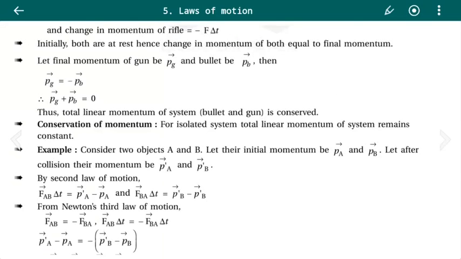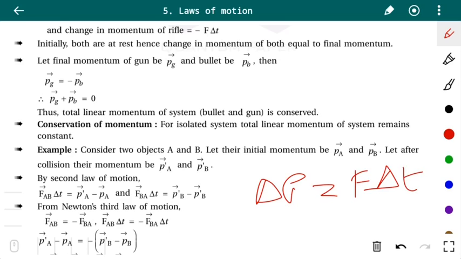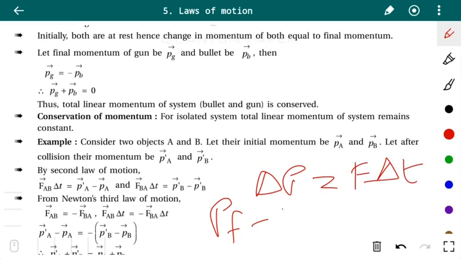Now another example: consider two objects A and B. Let their initial momentum be PA and PB. Let their momentum after the collision be PA dash and PB dash. By the second law of motion, we know that the change in momentum delta P equals F delta t, and the change in momentum is nothing but the final momentum minus the initial momentum.